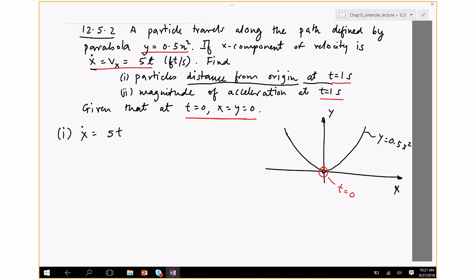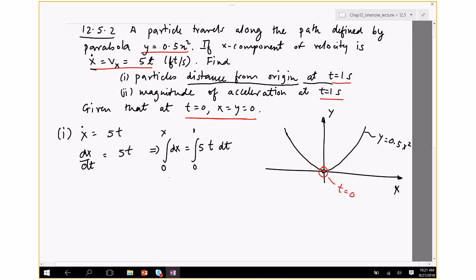Okay, so let's try to solve for the x component at time t equals 1 second. dx dt equals 5t, and so dx equals 5t dt. The limits are at time t equals 0, x is 0. I want to find the position x at time t equals 1.